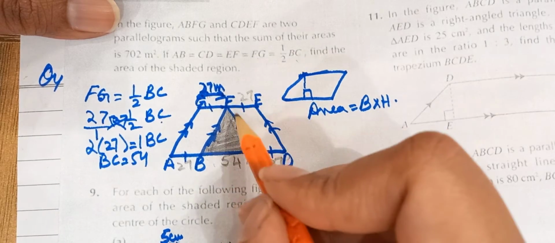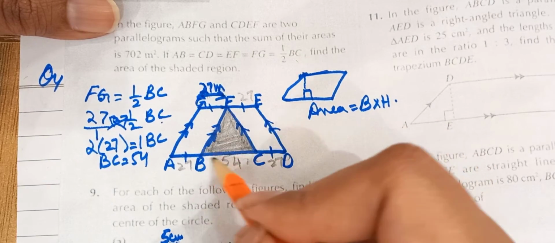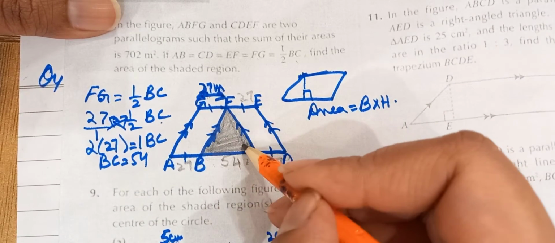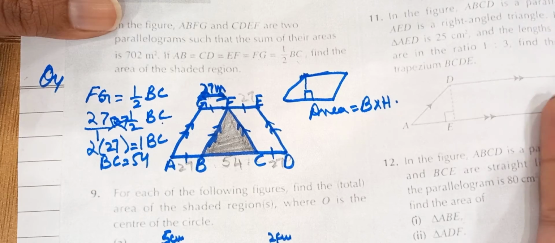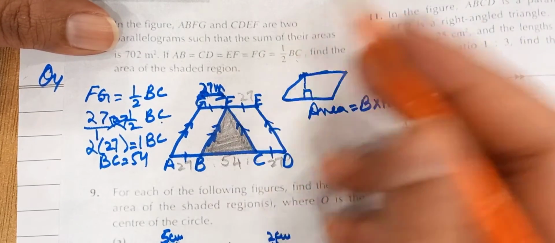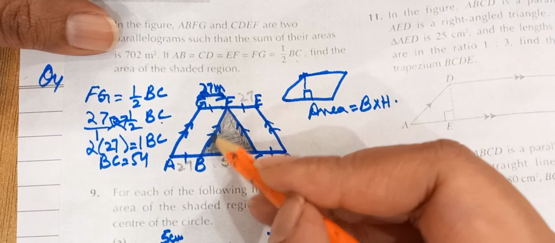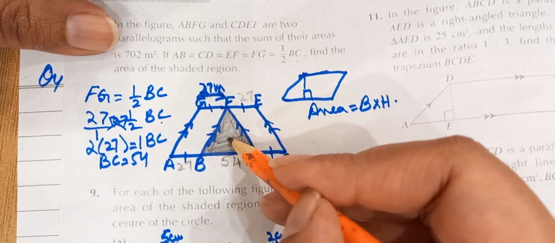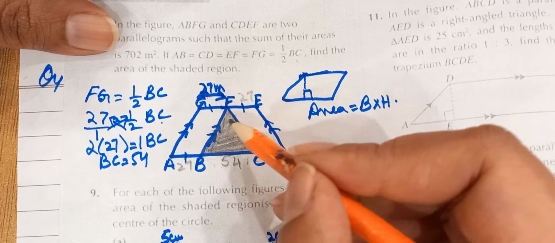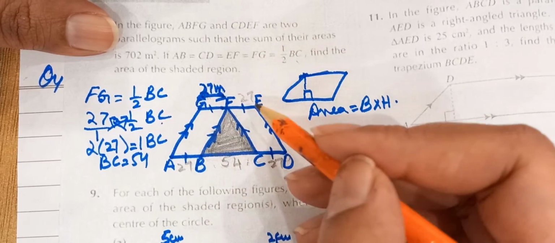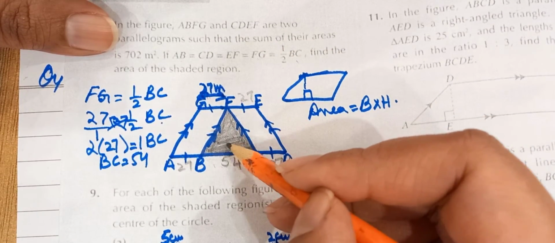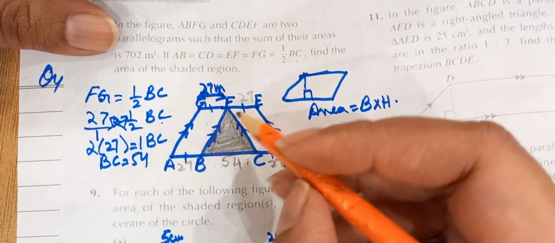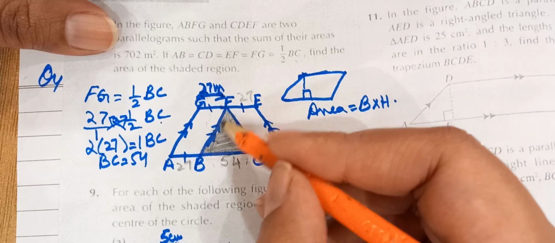Now I got the base of this triangle. If I can only get the height, then I will just calculate the area of this triangle and I am done with my work. But they have not given the height of this parallelogram or this triangle. We have to calculate the height of this triangle, which will be the height of this parallelogram as well, because these lines are slant.